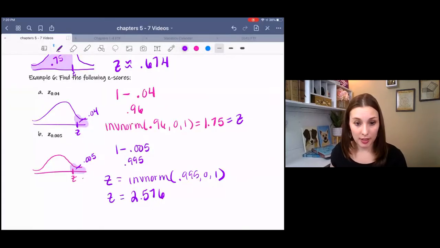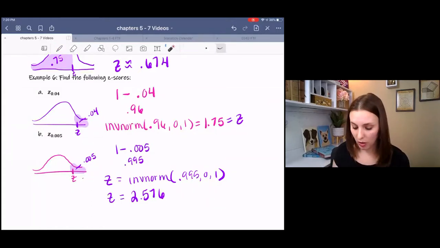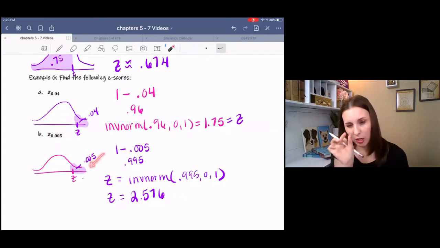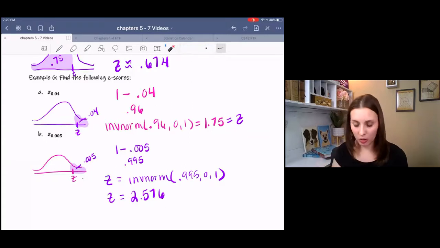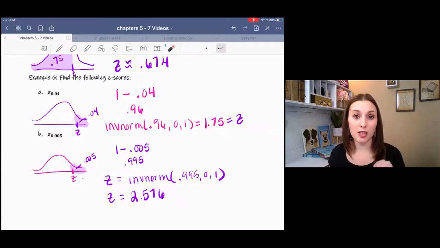So you should get about a z-score of 2.576. So this 0.005 puts it way over here with a teeny tiny tail, which a z-score of 2.576 indicates 2.576 standard deviations above the mean.